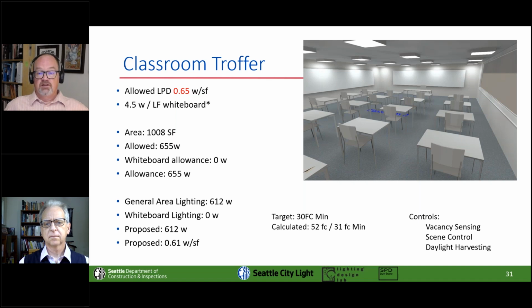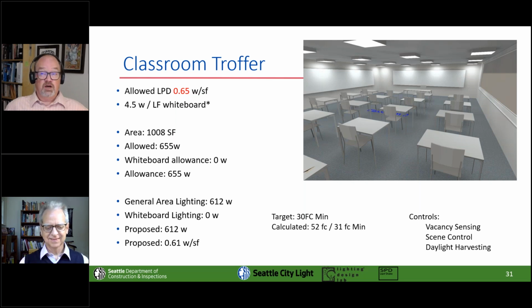My allowance is 655 watts based on a 1,008 square foot room. The general area lighting here is giving me an average of 52 foot candles instead of the 30 foot candle minimum that's required by the Washington Administrative Code, which is written very poorly to require a minimum 30 foot candles, which trips people up sometimes.